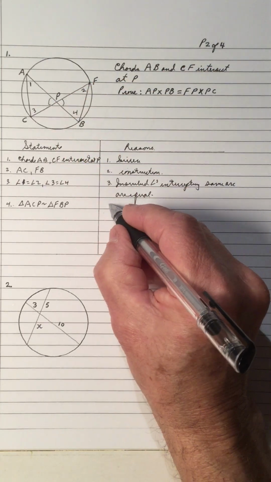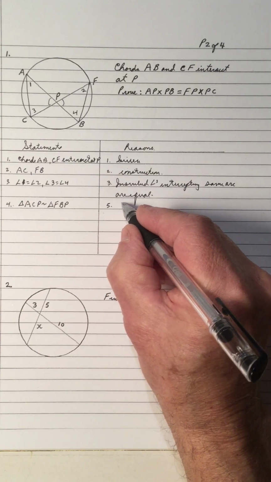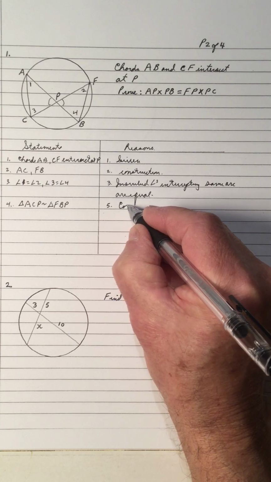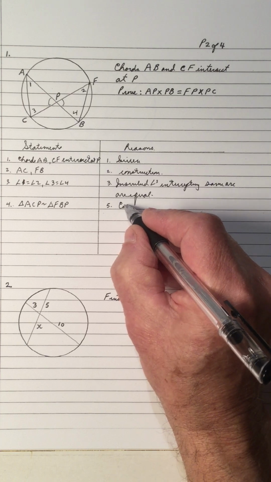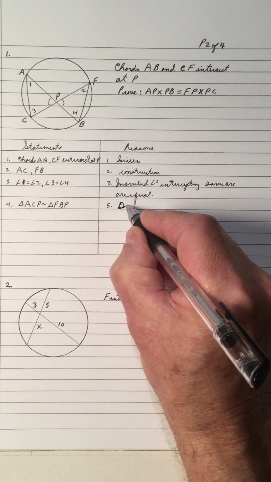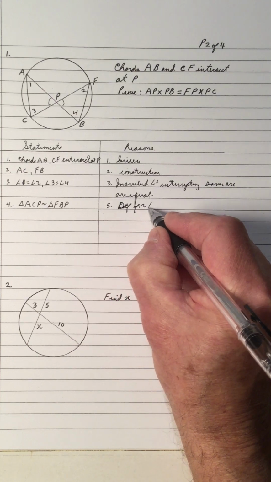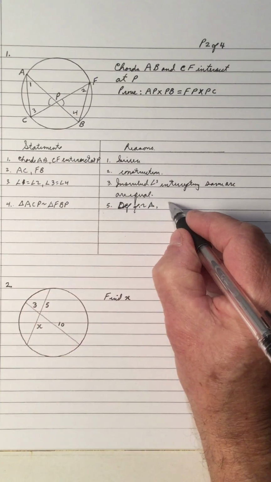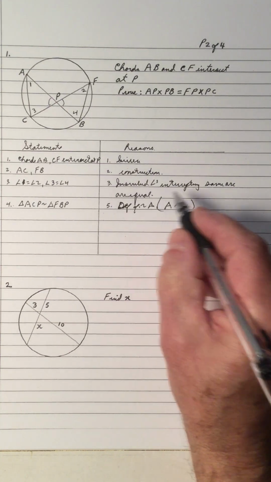But the inscribed angles suffice because we only need AA, and that's based on the definition of similar triangles. Another way to say it is AA similarity.